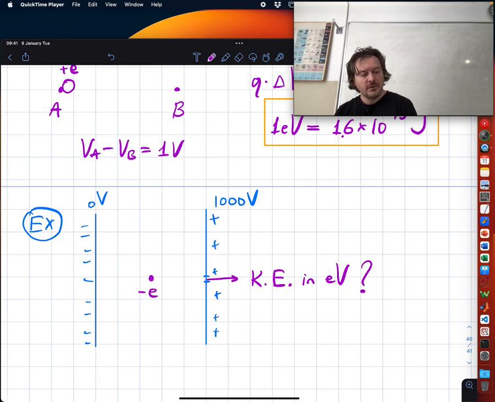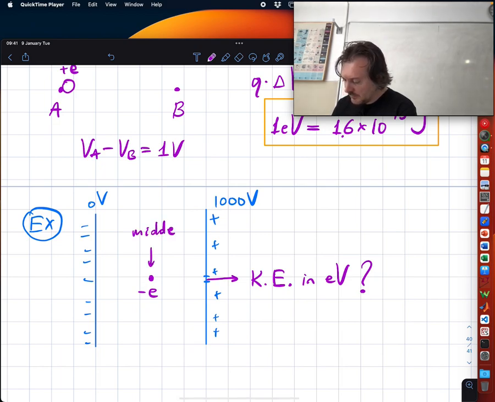Yes? Any answers you want to give? It is e times 500 volts if and only if the potential increases linearly. It increases linearly. So you are saying that since it's right in the middle, I didn't say it, but you are right.